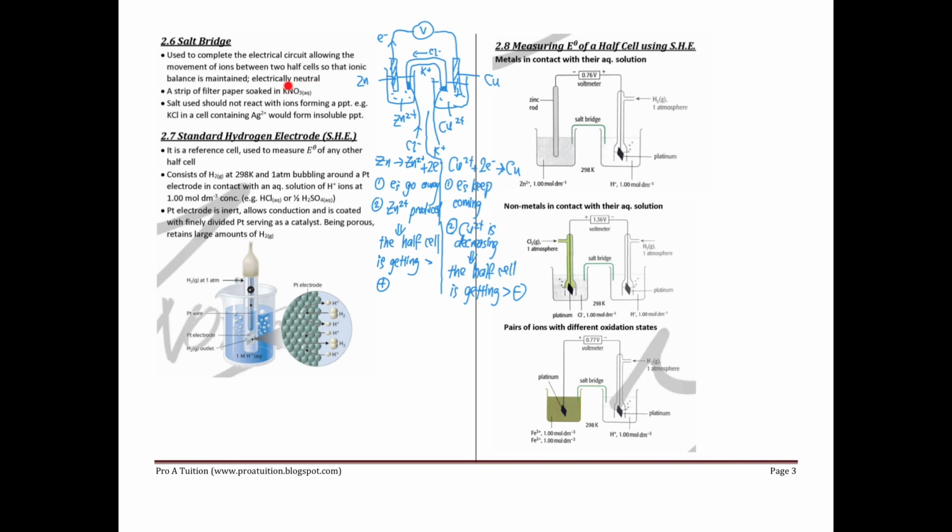We don't want it to form a precipitate. If, let's say, this is silver, silver positive and chloride will form a precipitate, so it is not suitable to use chloride. Have to use nitrate instead.